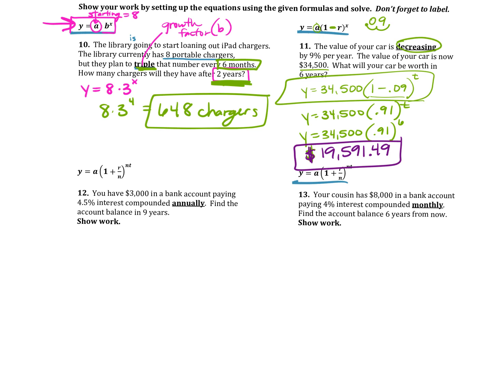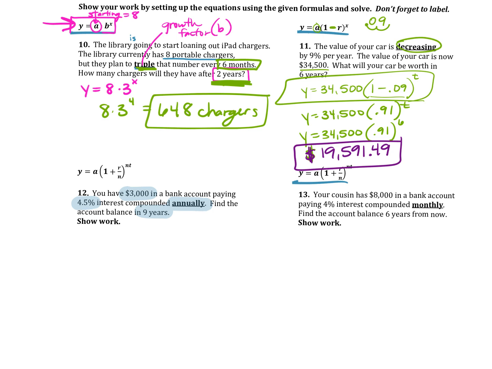Paying 4.5% interest compounded annually. Find the balance in 9 years. What number represents annually in compound interest? 1. It's your n, but it's the number 1, okay?